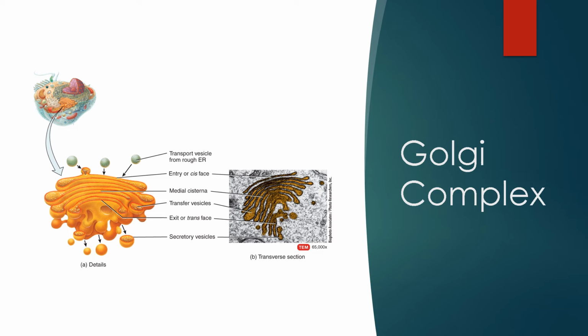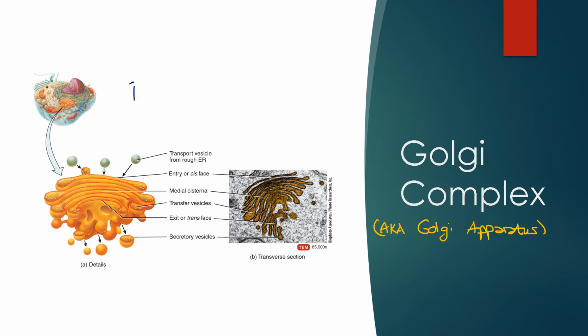Next is the Golgi complex. This is also called the Golgi apparatus. We'll just put AKA, also known as. Now, this has a special function as well, because most of the proteins that are synthesized by the ribosomes attached to the rough ER are going to be transported to other regions of the cell, but the first step in this transportation is going to be the Golgi complex.